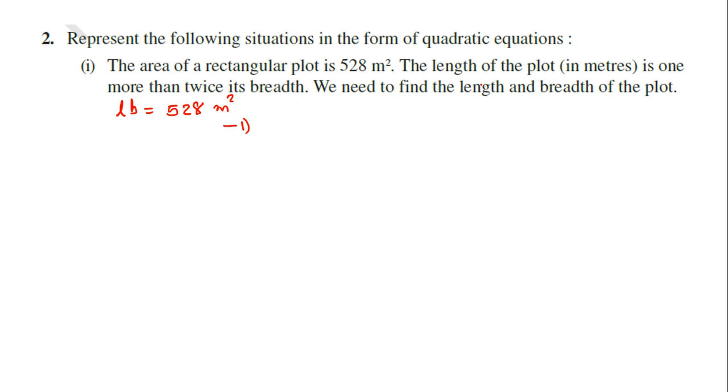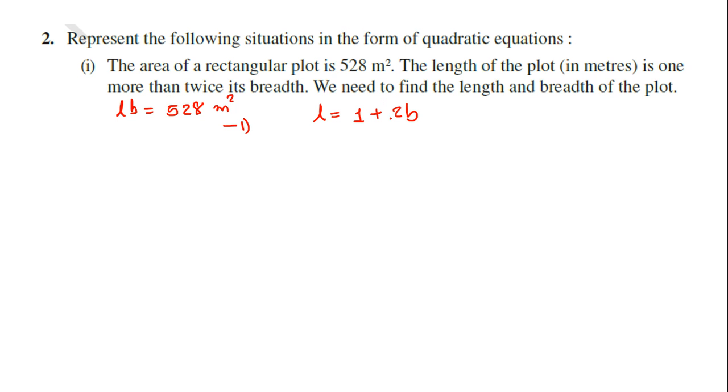That is your first equation, and the length is one more than twice its breadth. Then this is L and this is B. Yes, if you are assuming one, then also it is okay. I have written here L and B. So length is equal to one more than twice its breadth.